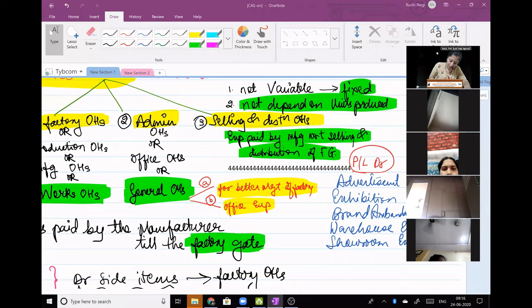He checks into the cost sheet. That is called a cost statement. So I'm moving ahead, assuming there is no doubt, because whatever doubts you have posted are already done.